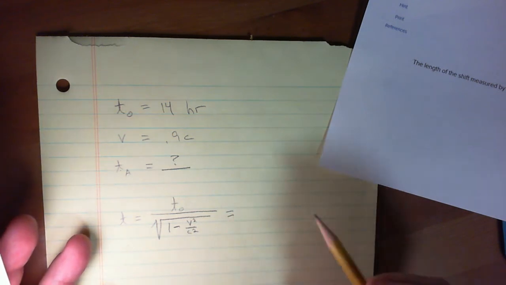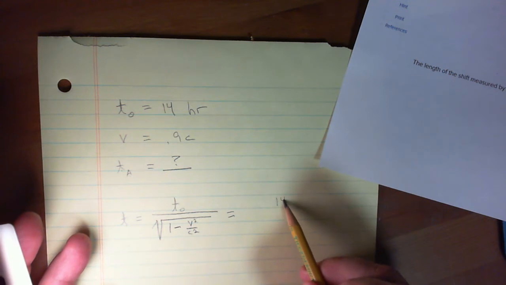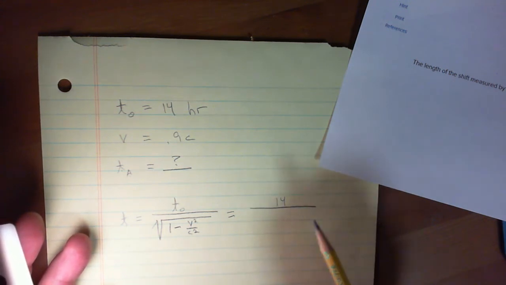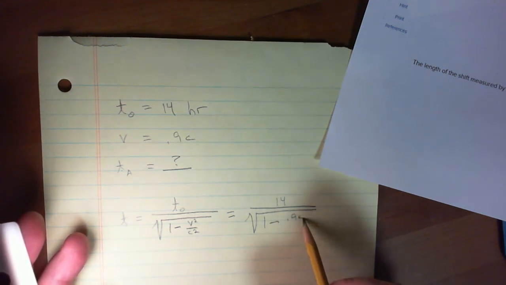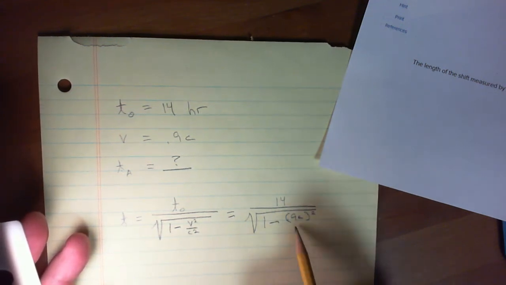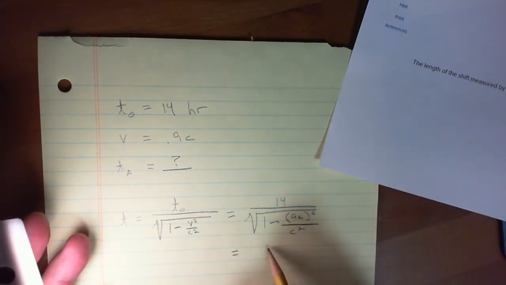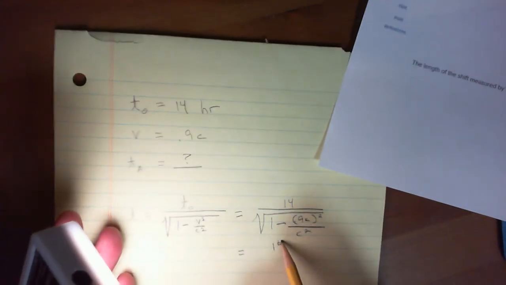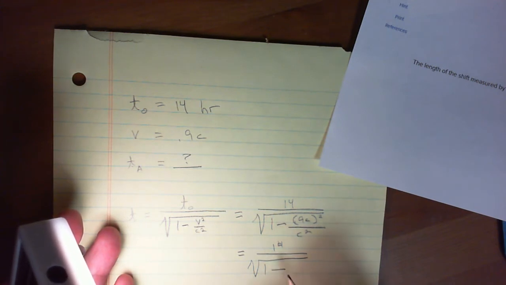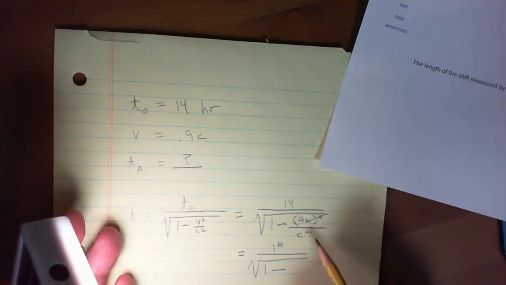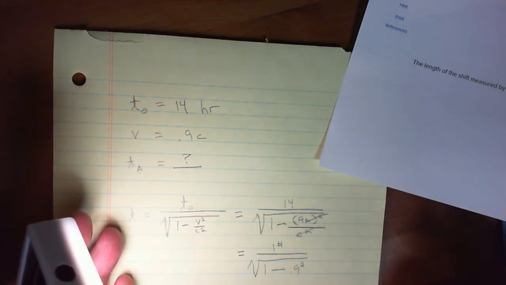So in our case, the time as measured by the astronaut would be the 14 hours by the observer over the square root of 1 minus 0.9 times the velocity of light squared over c squared. That simplifies into 14 over the square root of 1 minus, now the c squared cancels the c squared, so all you're left with is 0.9 squared.